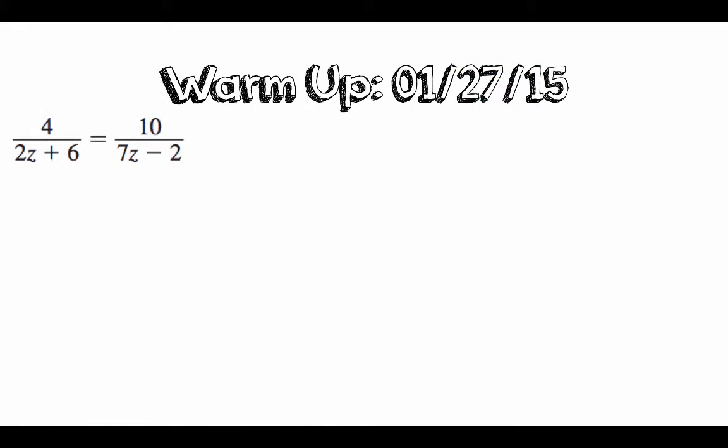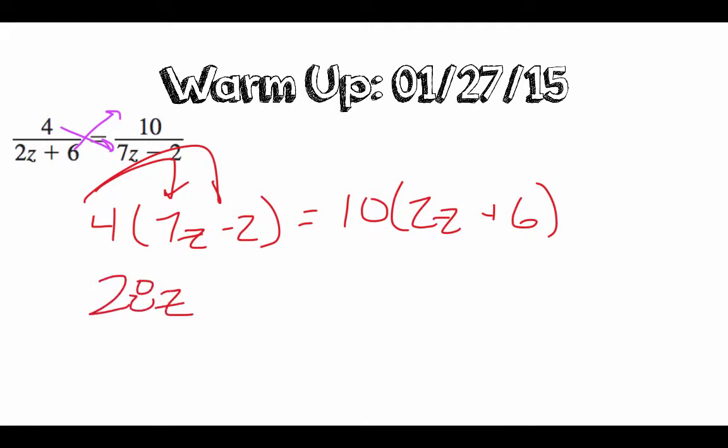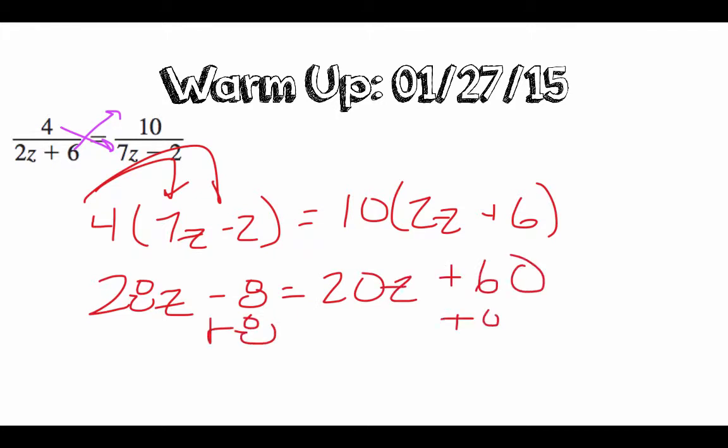So in this warm-up exercise, what you're going to do is cross multiply, much like we've been doing. So we're going to get 4 times 7, z minus 2 equals 10 times 2z plus 6. And when we go and distribute these out, all right, we get 28z minus 8 equals 20z plus 60. Add 8 to both sides.